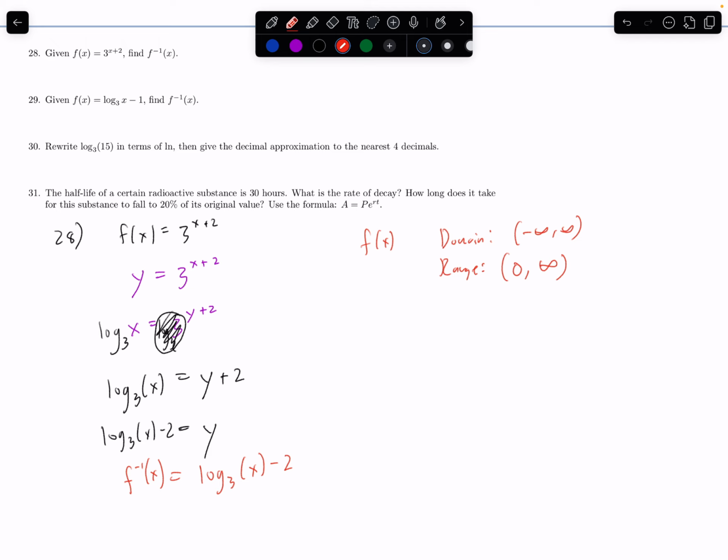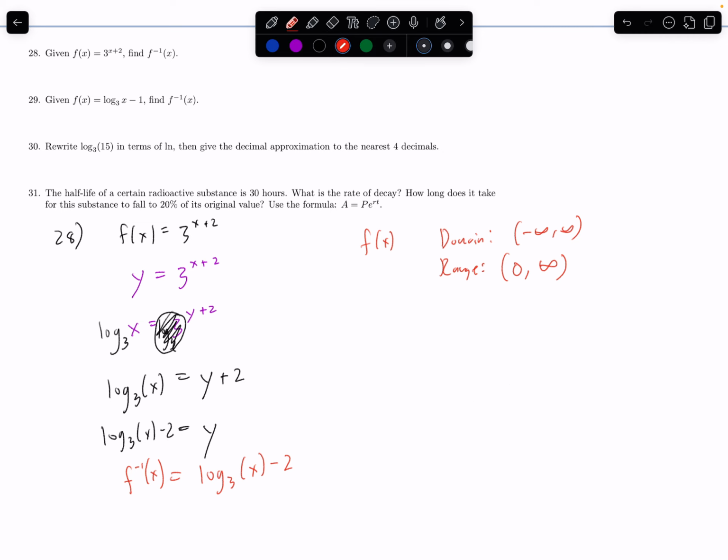The domain can be anything, yes. The range: x plus 2 is a translation by 2 to the left. So 3 to the 0 would be 1 normally here, but that's going to be here now. Okay, actually, yeah, that's actually the same. Never mind. Your range is still 0 to infinity.